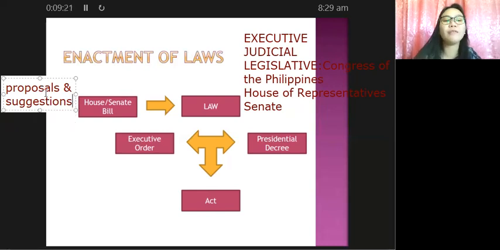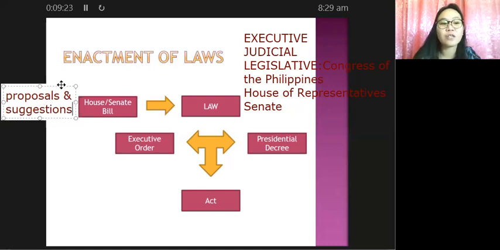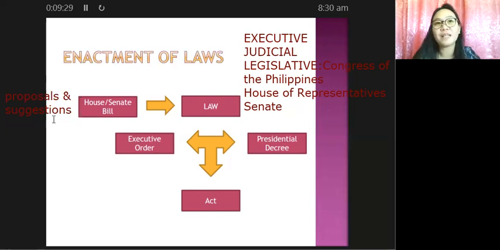After the suggestions and proposals are made, a particular congressman or congresswoman, or a particular senator, has to make the bill. Make a bill out of those proposals and suggestions.